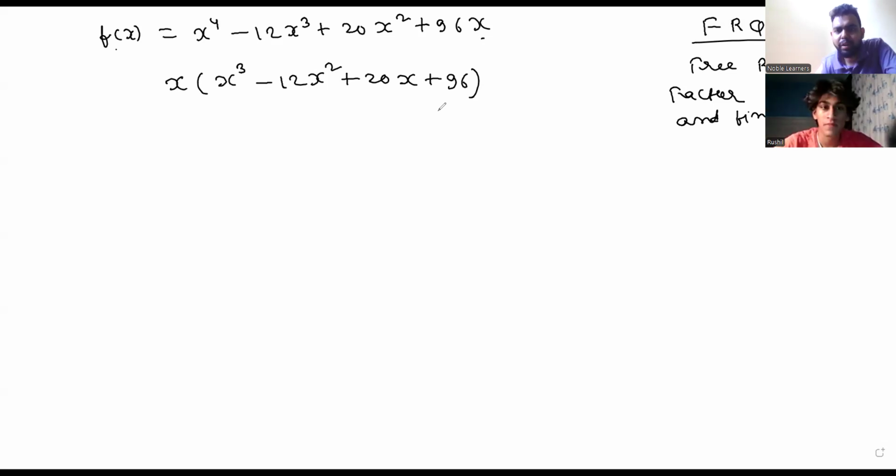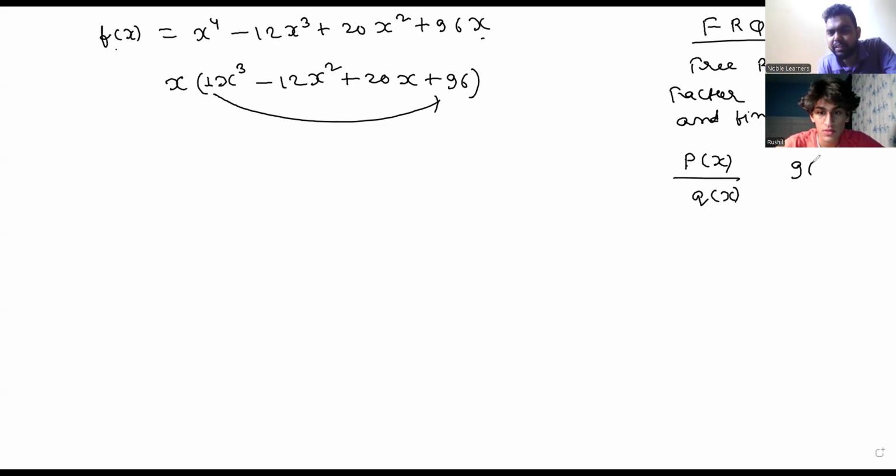Okay. Now what you are doing is correct. We have to multiply this and this term together, right? So whatever comes, as you are saying, p(x) upon q(x), and then we have to find all factors. So the factors of 96, right? 2, 4, 8.